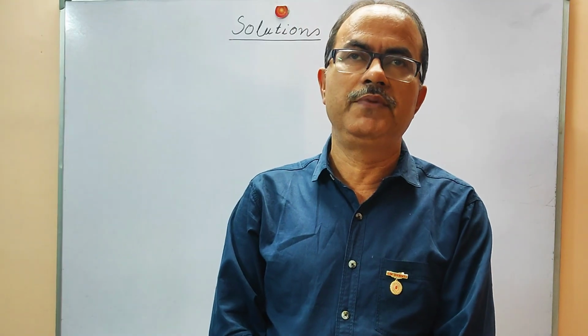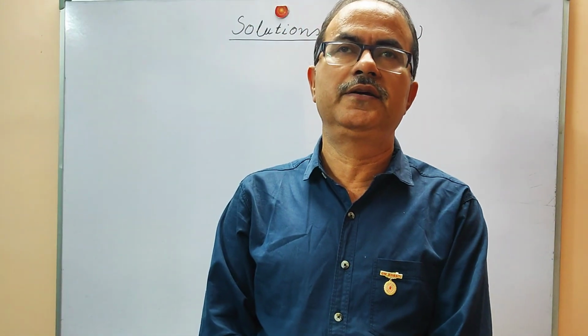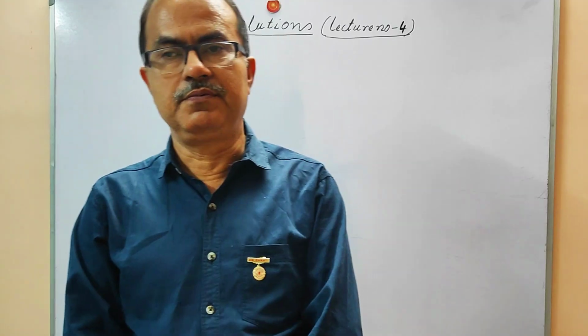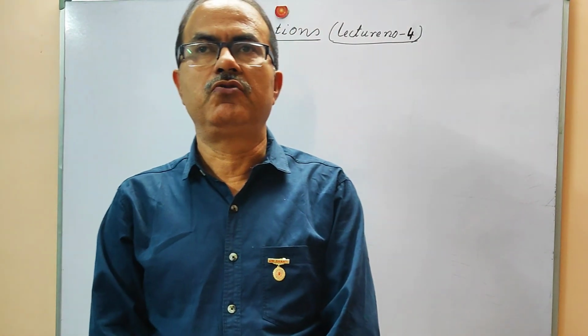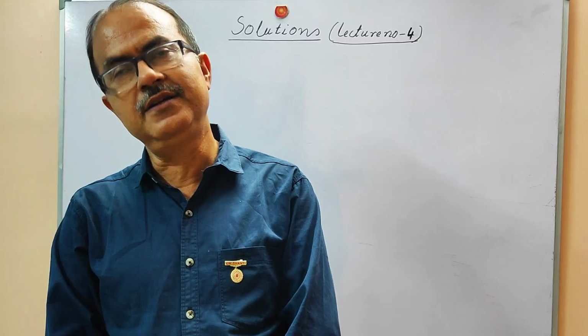A solution can be of 3 types, but when we change the solute, there can be other sub-classifications, which we discussed in detail with examples. Also we discussed how we are able to describe the concentration of a solution. That can be described in different ways, which we also discussed in lecture number 1.